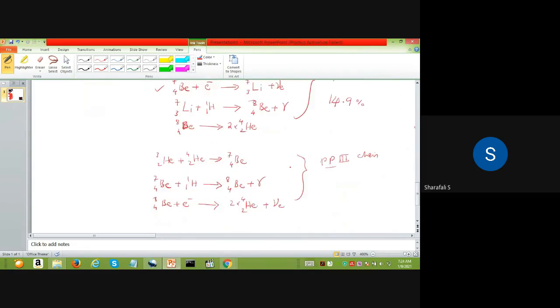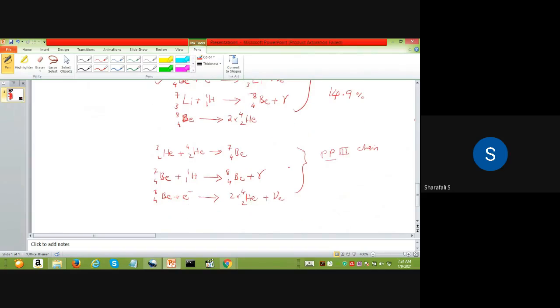So finally, only 1 helium will be there, and 1 helium we already used. So used and produced will balance each other, and all other things are the same.